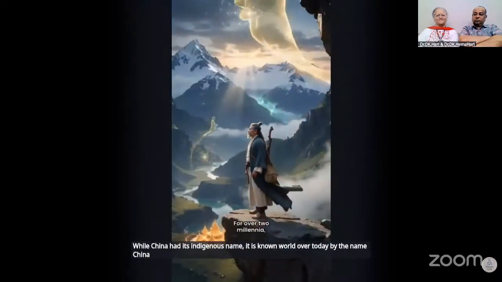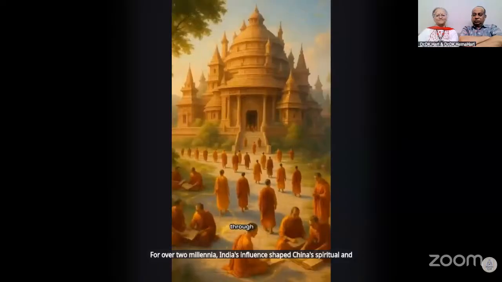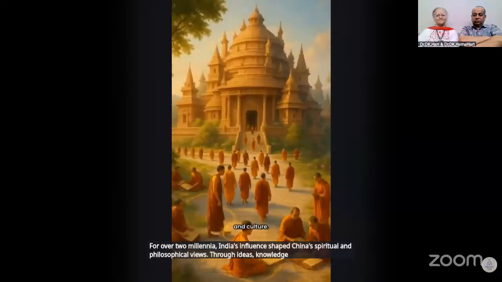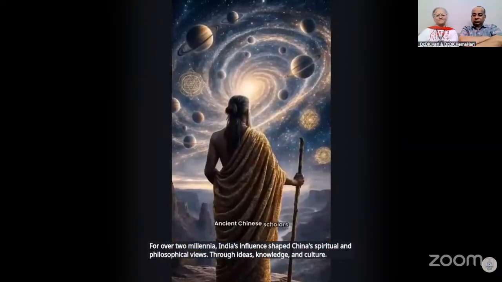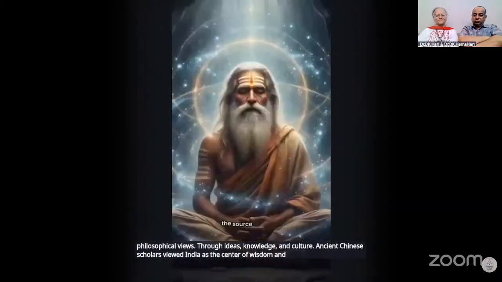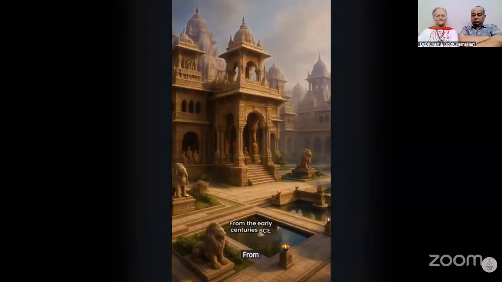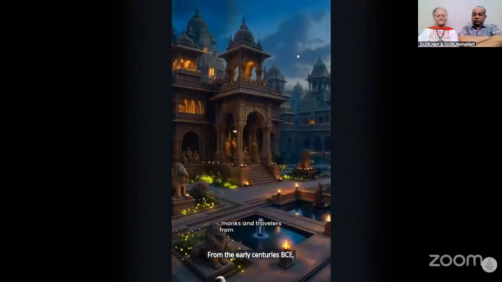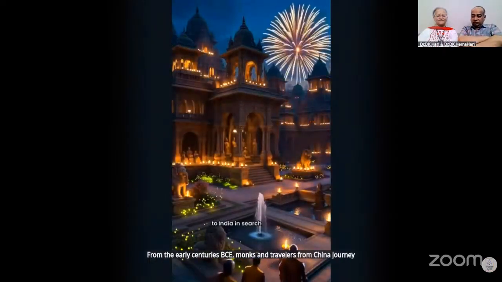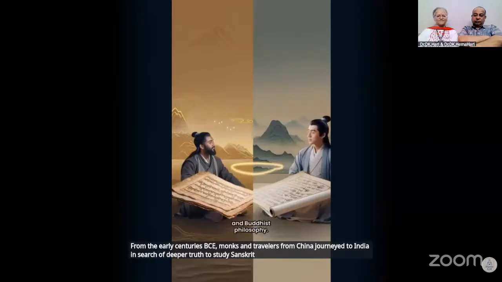For over 2 millennia, India's influence shaped China's spiritual and philosophical views through ideas, knowledge, and culture. Ancient Chinese scholars viewed India as the center of wisdom and civilization, the source of sacred teachings and higher consciousness. From the early centuries BCE, monks and travelers from China journeyed to India in search of deeper truth to study Sanskrit, logic, and Buddhist philosophy.